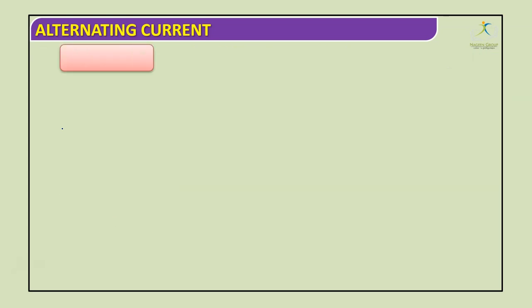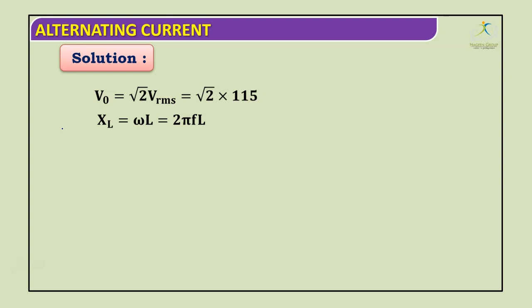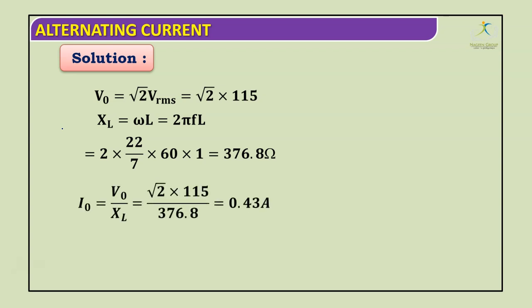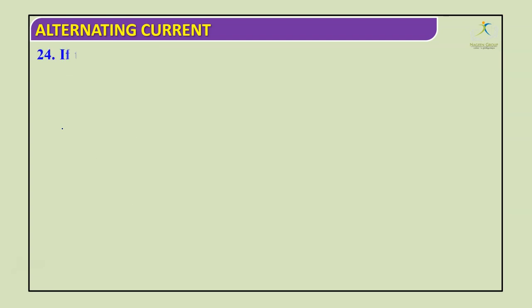Now moving with the solution part, we know that V naught is equal to root 2 times V_RMS, so root 2 times 115. X_L is equal to omega L; putting in omega as 2 pi f into L, the value comes to 376.8 ohm. I naught will be V naught by X_L, so 0.43 ampere comes out. According to that, the correct answer for this question is option 1.